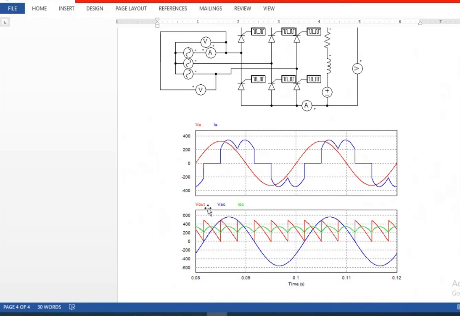And this red color waveform is output voltage. And you can very well see that this is VAC and it is coinciding with VAC here. So before that it would have been coinciding with VAB and before that it must have been coinciding with VCB and so on. So this is the simulation corresponding to three-phase fully controlled rectifier showing the supply side current, supply side phase voltage, and DC side current and DC side voltage.